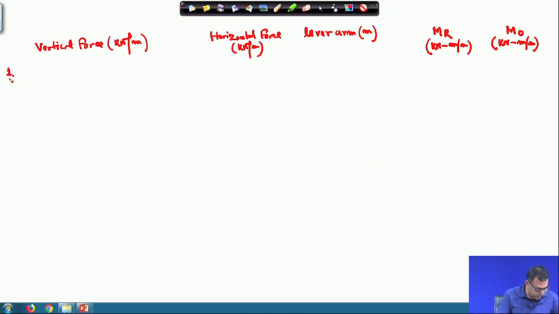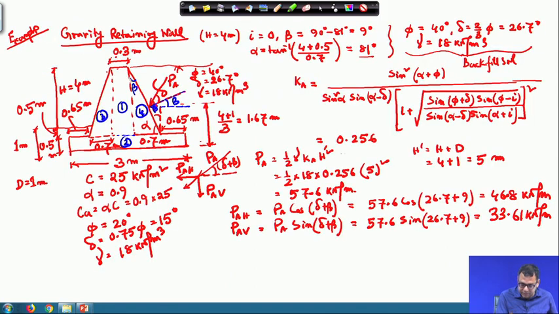So, serial number 1 for the W1, W1 is for the first part, and first part is this one whose height will be 4 meter, 4 meter is up to here, then plus 0.5 meter. This is also 0.5. So, this will be 4.5 and this is 0.3, and the unit weight of concrete is given, 24 kilonewton per meter cube.